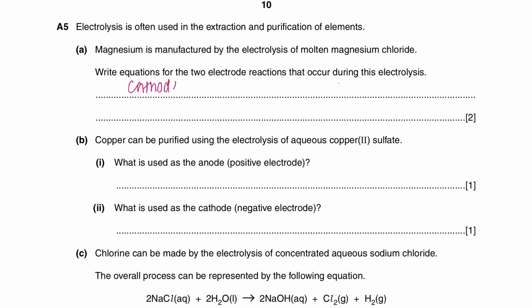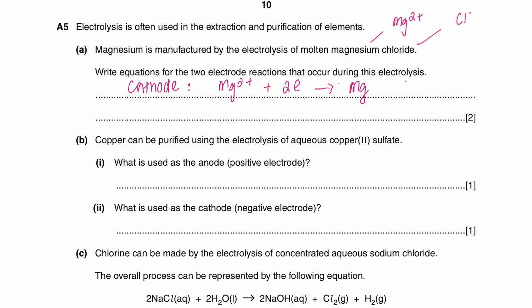Like, cathode gives out electrons, so magnesium starts as Mg2+. Chlorine starts as Cl-, so magnesium 2+ will go to the cathode because it has a lot of electrons, and it'll turn into magnesium metal.